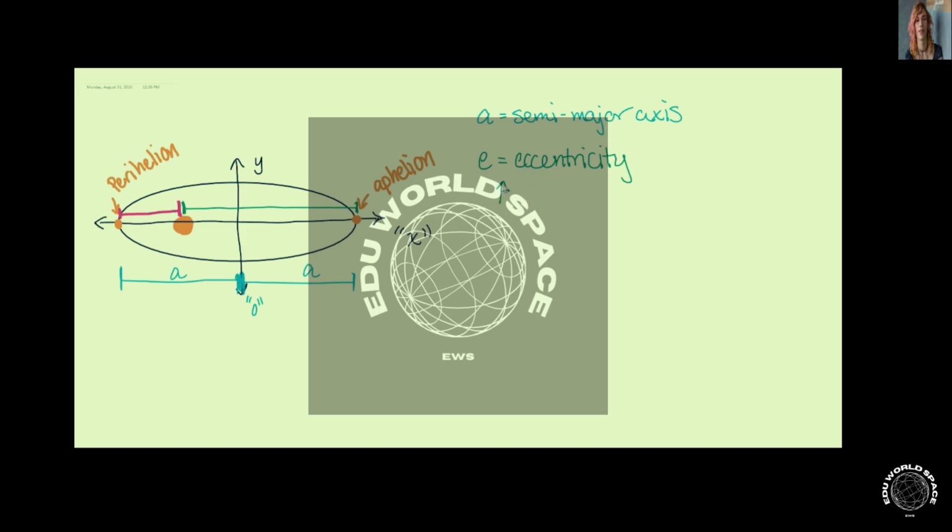If you have a high eccentricity value, you are going to be very long. If you have a low eccentricity value, you're going to be closer to a circle. Once again, this is defined by the planet, so every planet will have a different semi-major axis and a different value for eccentricity.